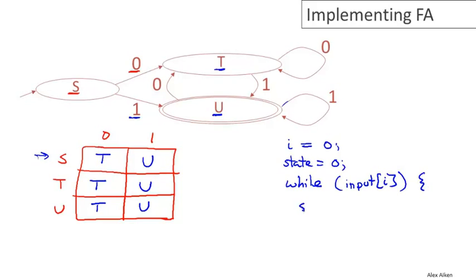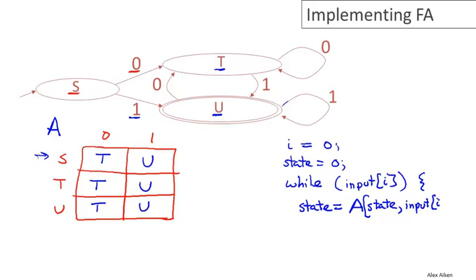We're going to update the state at each step, and what are we going to update it to? Let's give this array a name. Let's call this array A. So we're going to look up in our transition relation A, and what are we going to use? Well, we're going to look up the current state, and we're going to look up the input.